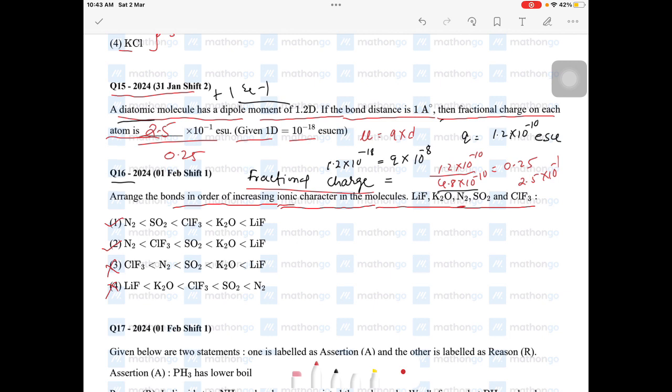Next, take SO2 and ClF3. Out of these two, ClF3 is more ionic than SO2. LiF is highest. So option A, the first one, is correct, and the second, third, and fourth are wrong. N2 is least ionic, then SO2, then ClF3, then K2O, then LiF.